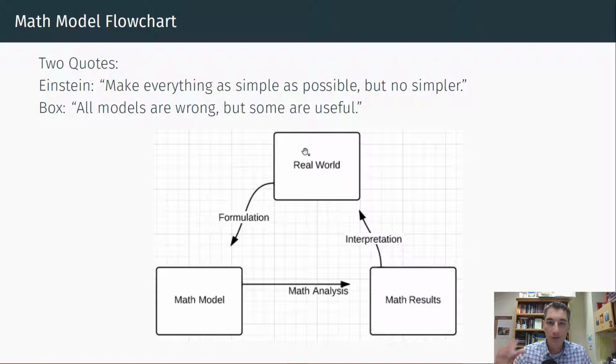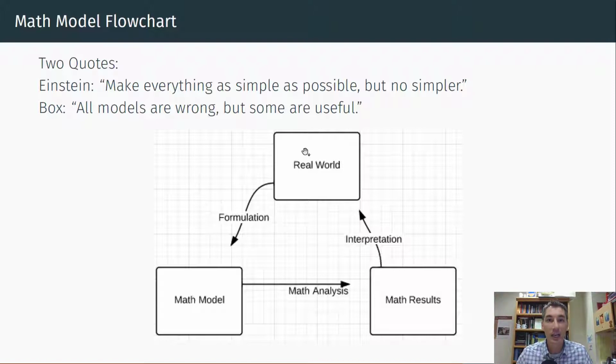And then just kind of abstractly, when you think about what's going on with modeling, I want you to keep in mind two quotes. So first, Einstein says, make everything as simple as possible, but no simpler. And I think that's a good thing to keep in mind. We don't want to have things that are so complicated we can't understand them. For example, even in this coffee cup here, there are, how many atoms?